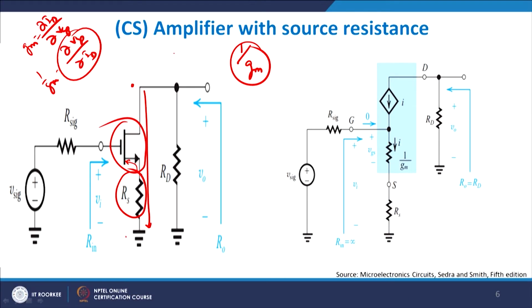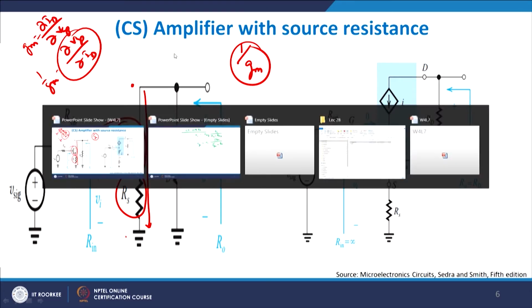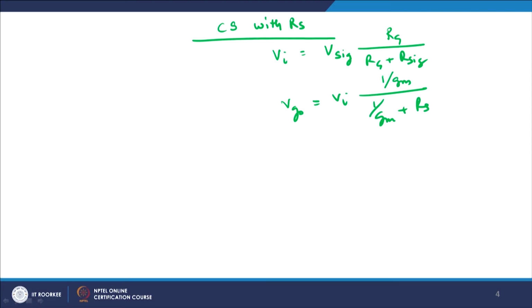So 1 by Gm is the resistance offered by the MOS device. So this is very important, you can solve it yourself and get the principle, get this clear, that I can replace this Rg by 1 by Gm. I am replacing this Rg by 1 by Gm, which I was assuming to be infinite in the previous case. Yes, 1 by Gm will be a relatively small quantity, and Rs will be there here, and I will get something like this.